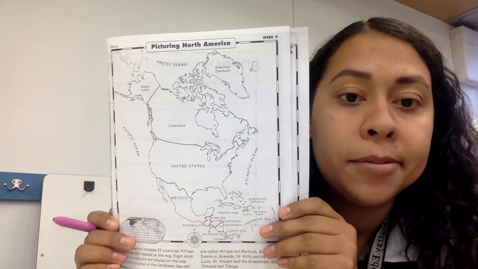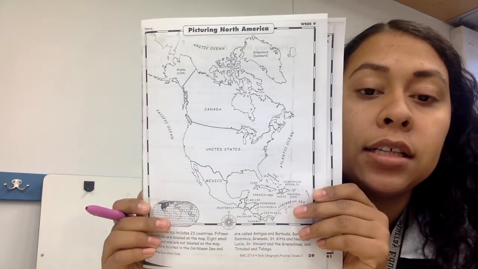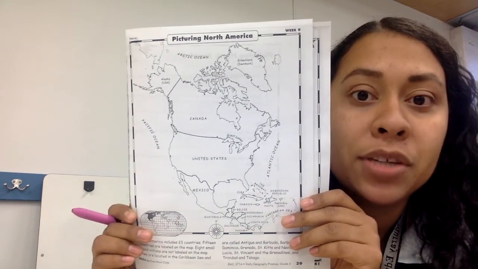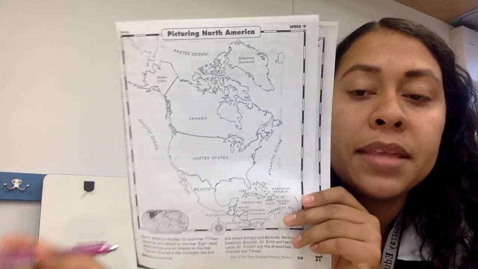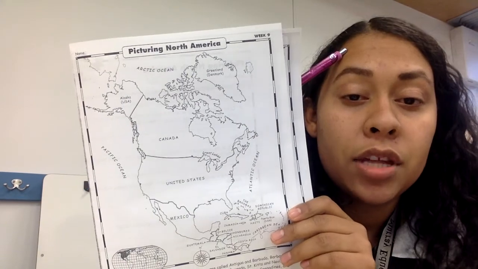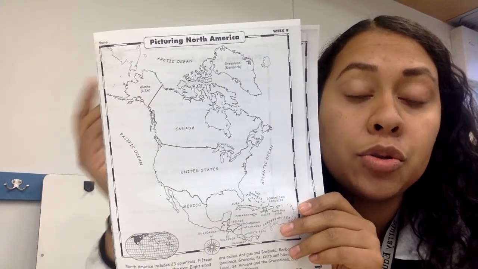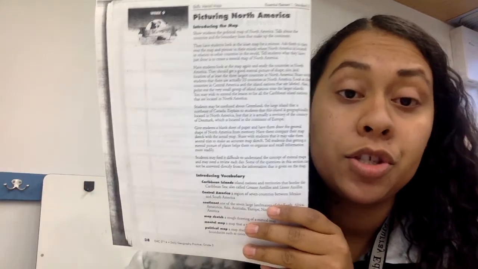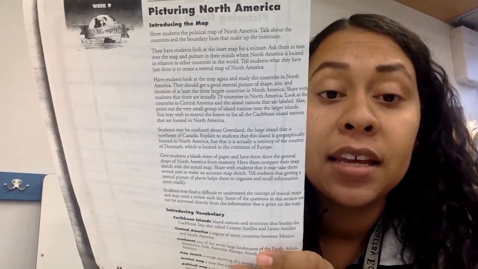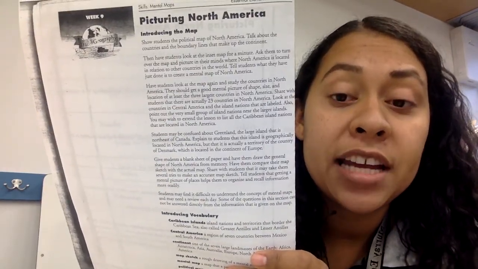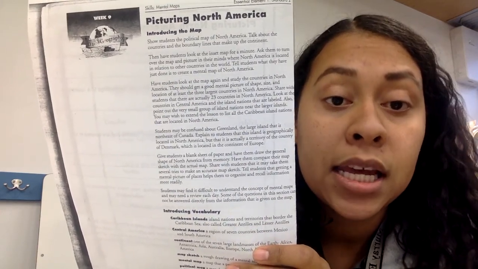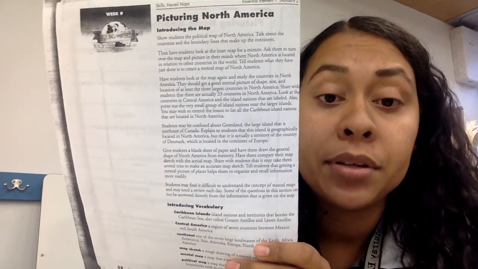You're going to look at it, close your eyes, and take a mental map picture of it, and you're going to keep that picture in your head so that you can think about it when you're using your brain cells to answer the questions for the daily geography. So when you have a picture in your head of something that you have seen on paper or in person, that is called a mental map.